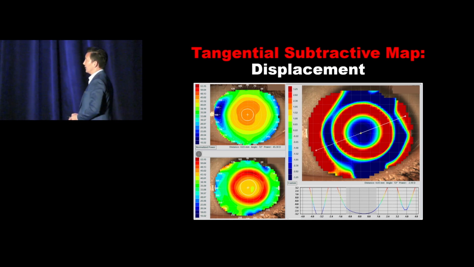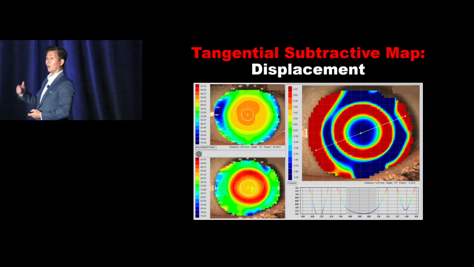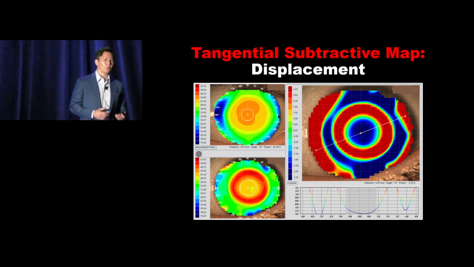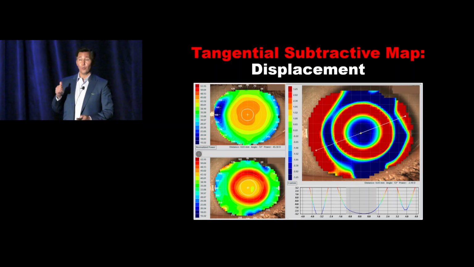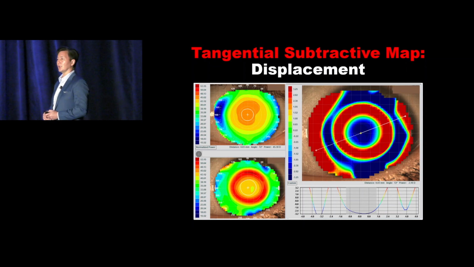So this is one that practitioners rely very heavily on, and you often see lecturers use only a tangential map, and they'll use a tangential map to understand power, but it's not correct. The tangential is used for one thing only, nothing related to power, purely where's the lens position.